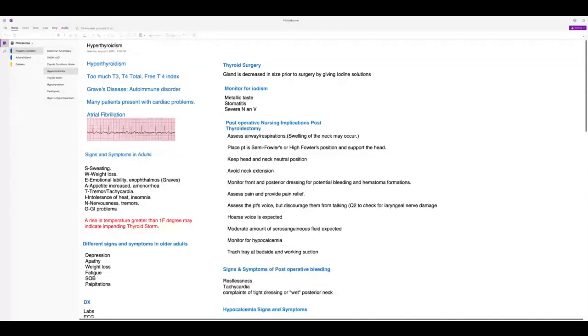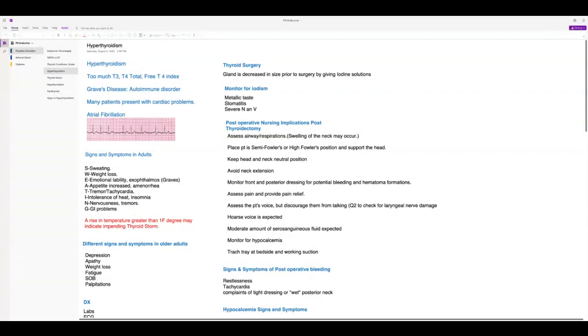This is extremely important for you to know: any rise in temperature greater than 1 degree Fahrenheit may indicate an impending thyroid storm. Now, older adults can present like most conditions, with different signs and symptoms. Older adults get confused, and the first thing I think of is a UTI.